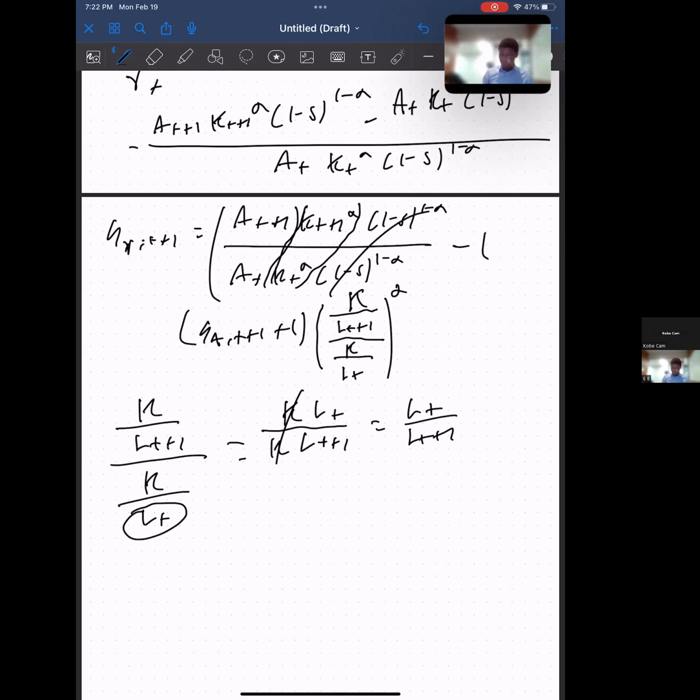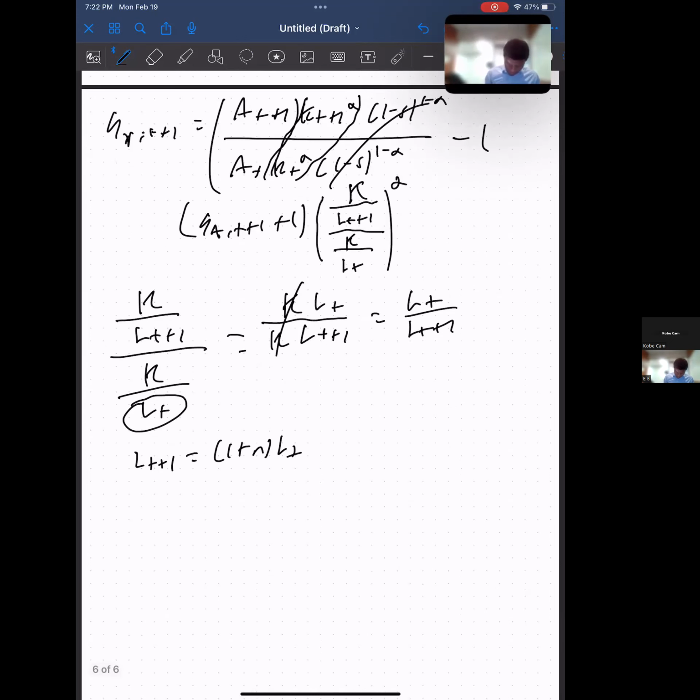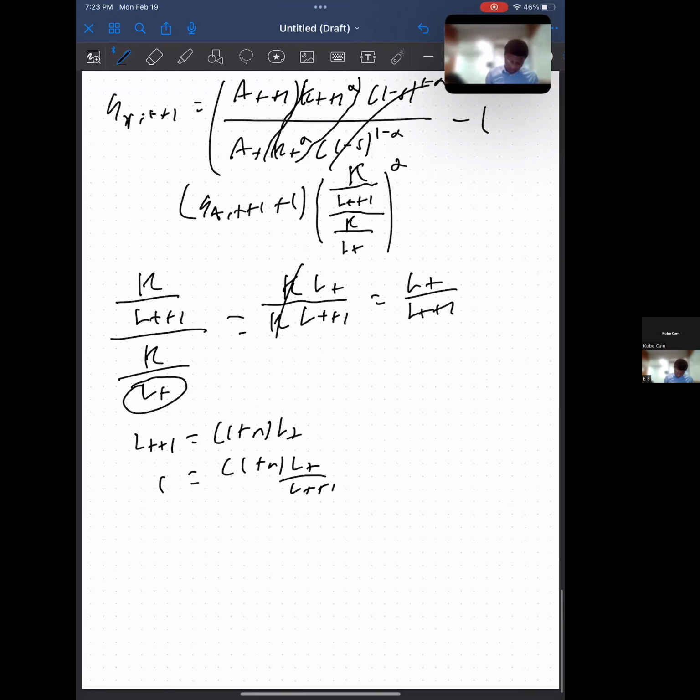Okay, so what's this? Well, we do our equation again. So we have L_{T+1} is equal to 1 plus n times L_T. Well, we divide both sides by L_T. Now we have L_{T+1}, rather, divide both sides by 1 plus n.